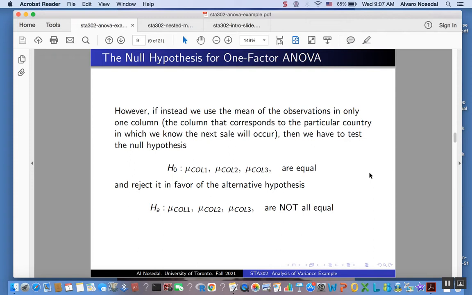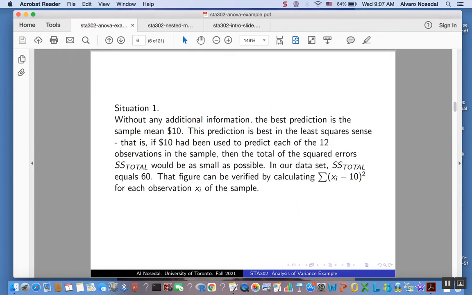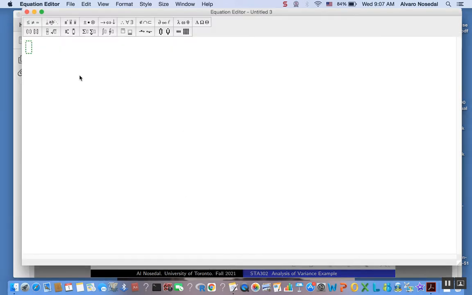Now let's go back to situation number 1 and situation number 2, and see if we could write down a model for that kind of situation. If we want to use a linear model, let me call it model 1 for situation 1. Basically what we're saying is something like this.